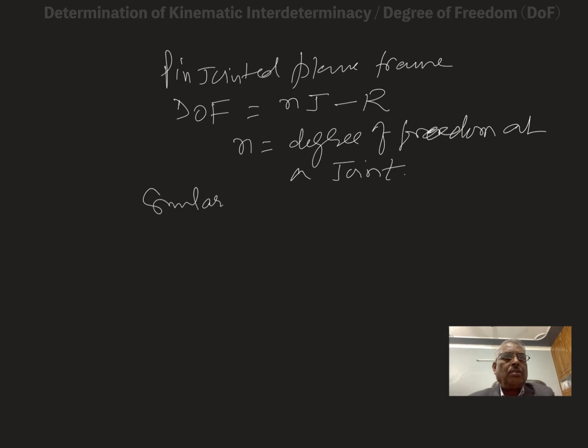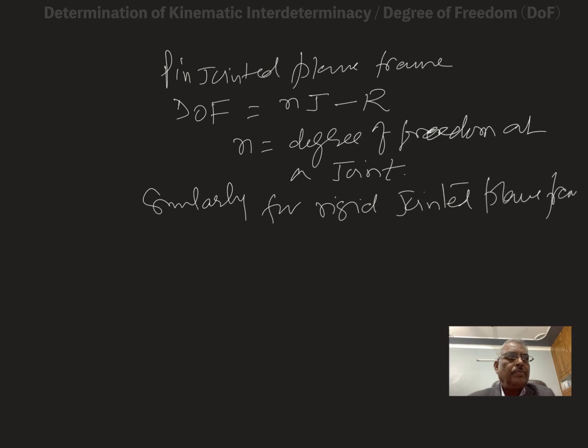Similarly, for a rigid jointed plane frame, degree of freedom is equal to 3J minus R.